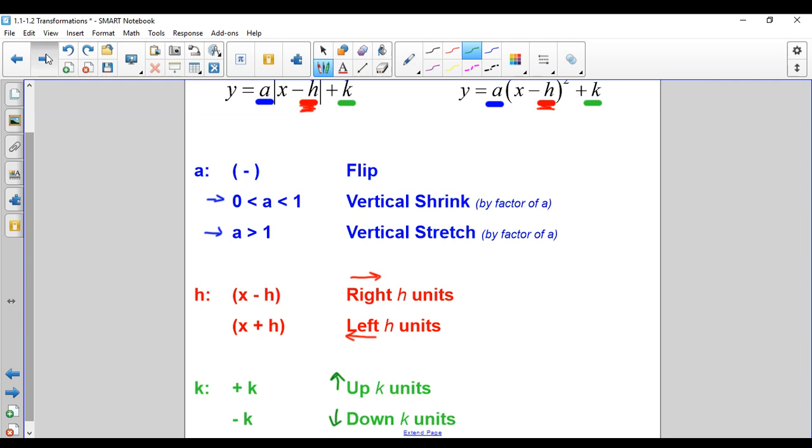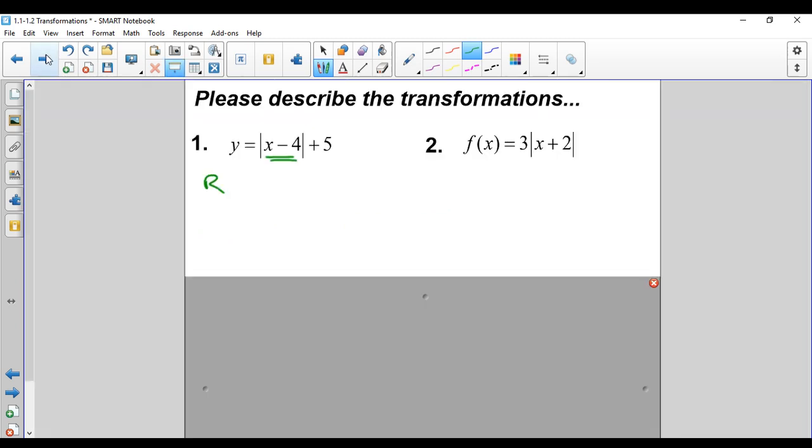It's minus 4, so we're actually moving right 4 units. Just put right 4, that's fine by me. Then afterwards, we have this plus 5 outside. Plus, we're moving in the upward direction, so we're going up 5 units. That's all I need for a description.